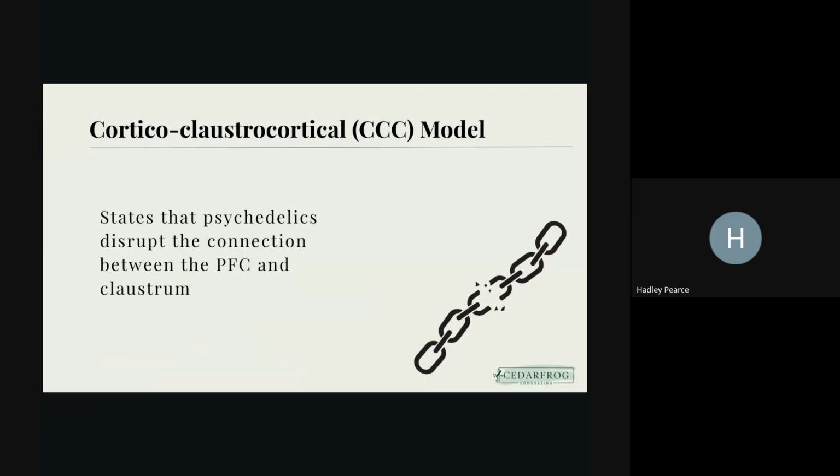And this is particularly important when it comes to the default mode network, when increasing entropy or brain disorder, which disrupts the default mode network function and reduces preconceived ideas and rigid thinking.